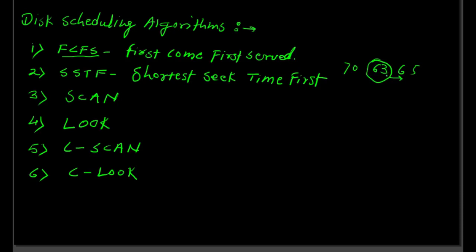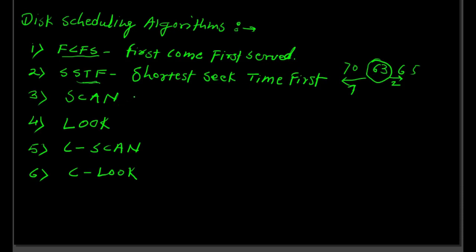So we can move to 65 in minimum time, and 70 will require the maximum time. The distance here is 2, the distance here is 7. So for accessing location 65, it requires only 2 distance, and for accessing location 70, it requires 7 distance to be traveled. So the SSTF algorithm processes the next request which requires the minimum distance.